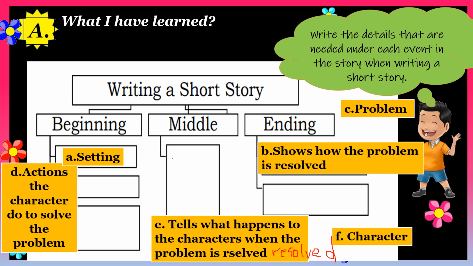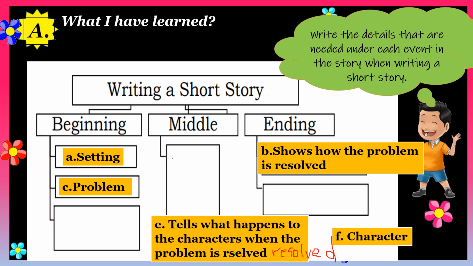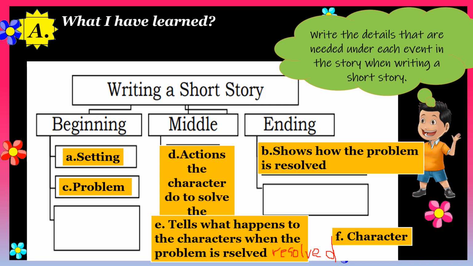It's in the ending part. Letter C, problem. Where does it go? It's under beginning. And the actions the character do to solve the problem. It's in the middle part of the story.